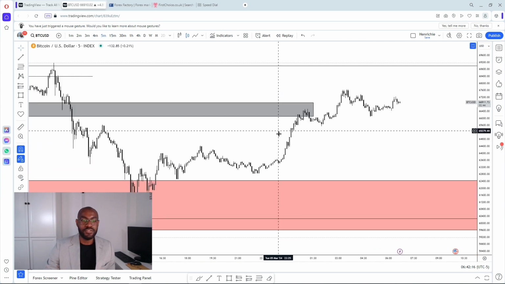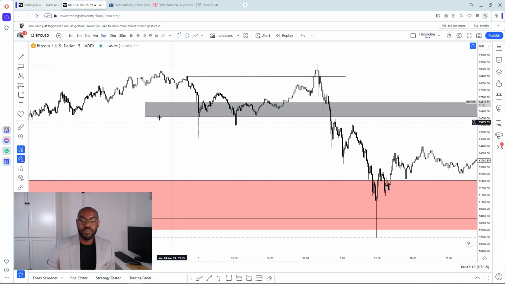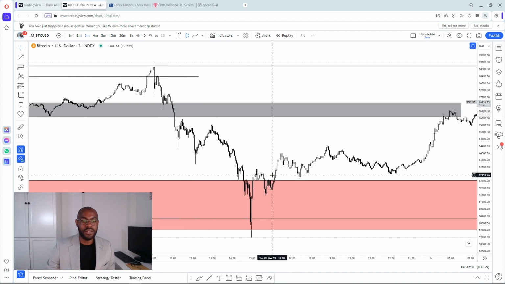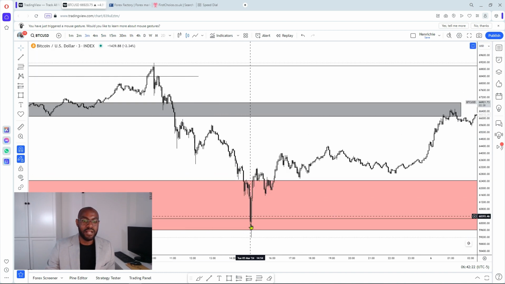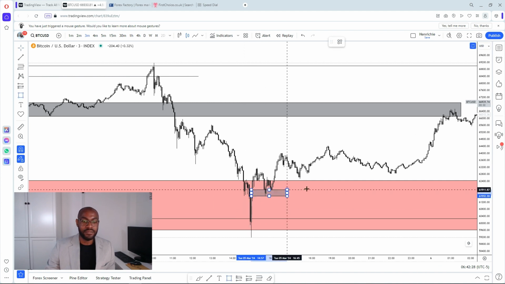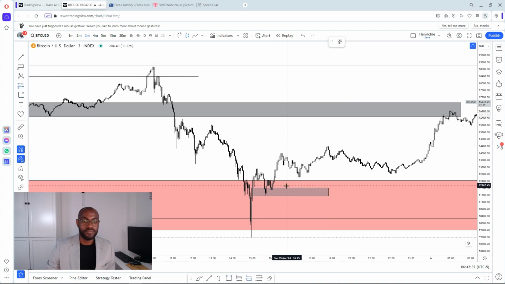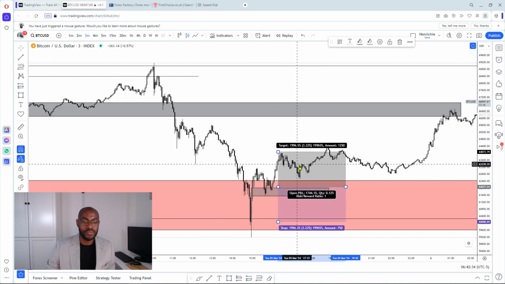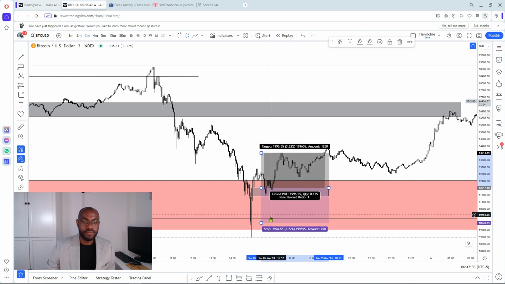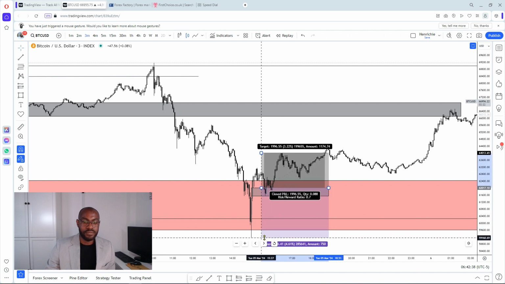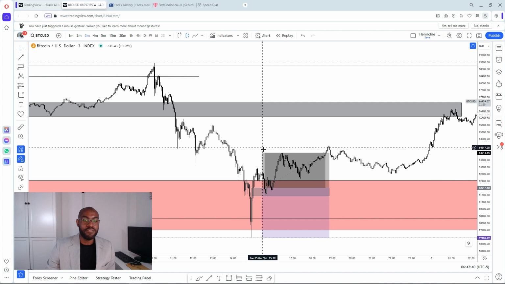So how to get into this trade would have been, the moment we tap into that position, you look for a smaller time frame shift in market structure. We'll have a high, a low, a break of structure, inefficiency, entry position right there. So right there will be your entry, stop loss at the low, and take profits.